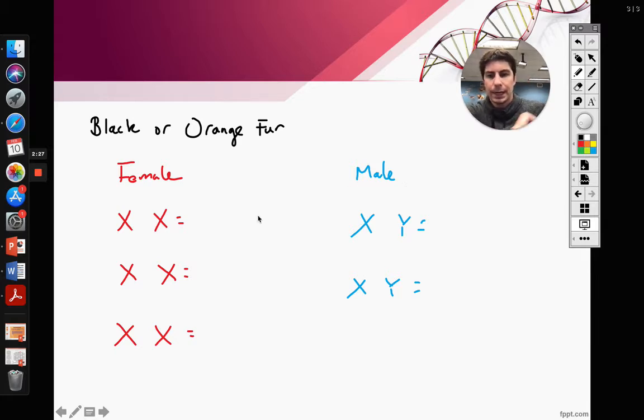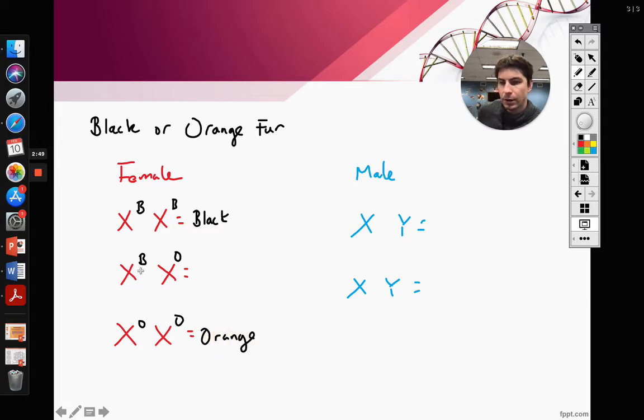So females, they could be big B, big B. They could be OO, or they could be BO. If they are big B, their fur color is going to be black. If they are OO, their fur color is going to be orange. If they are BO, they are going to be that calico color where we are going to see both of the phenotypes. We're going to see black and orange.